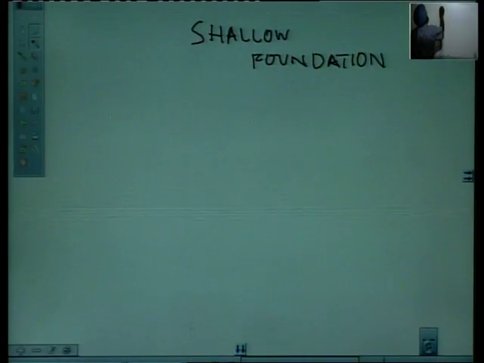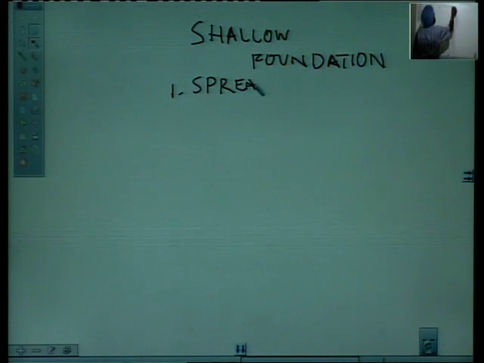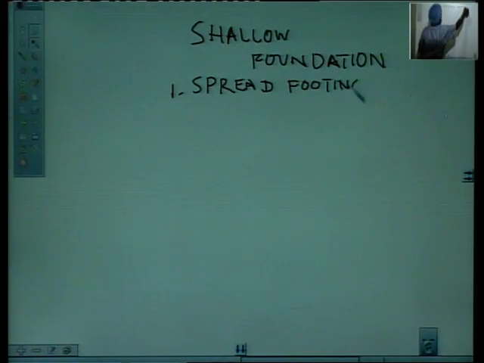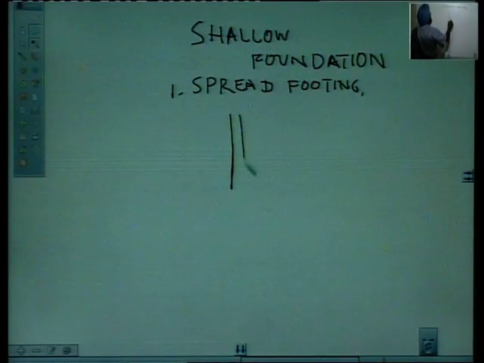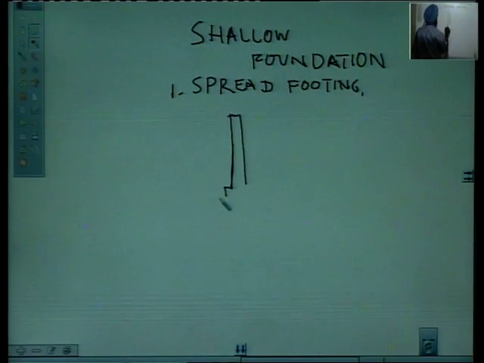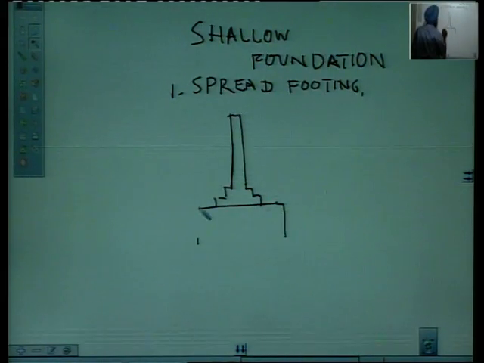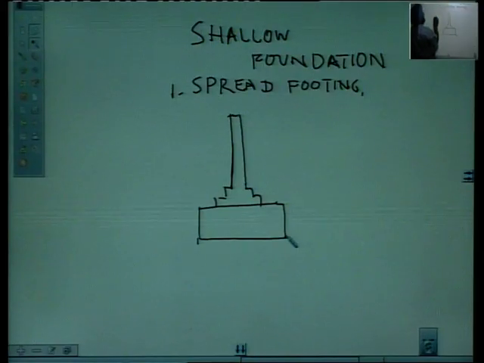Number one is spread footing, a very simple one. So, if this is your wall and you have a foundation like this going through a certain length, then this is called my spread footing.